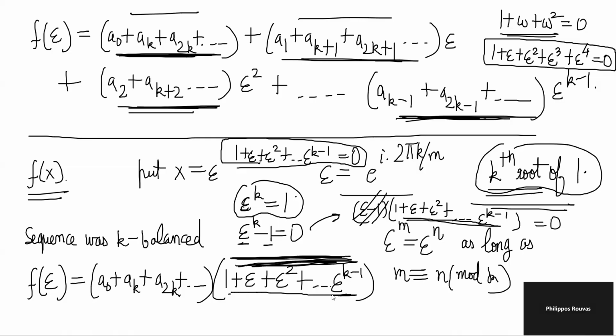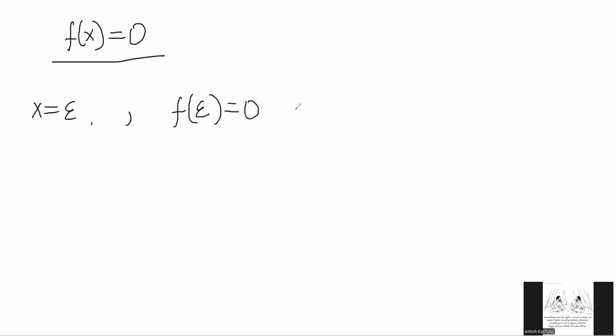Yes. So what that means is that f of epsilon becomes 0, right? Correct? Yes. So what we have proved right now is if you take the polynomial f of x is equal to 0, this equation, when I put x is equal to epsilon, I am getting f of epsilon is 0 if and only if the sequence was k balanced.